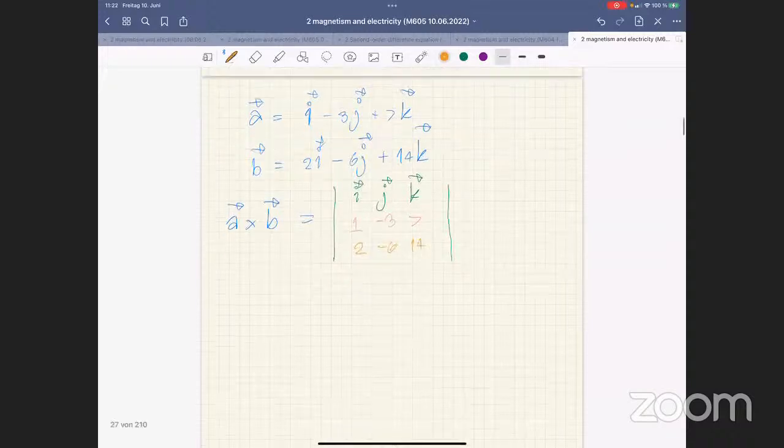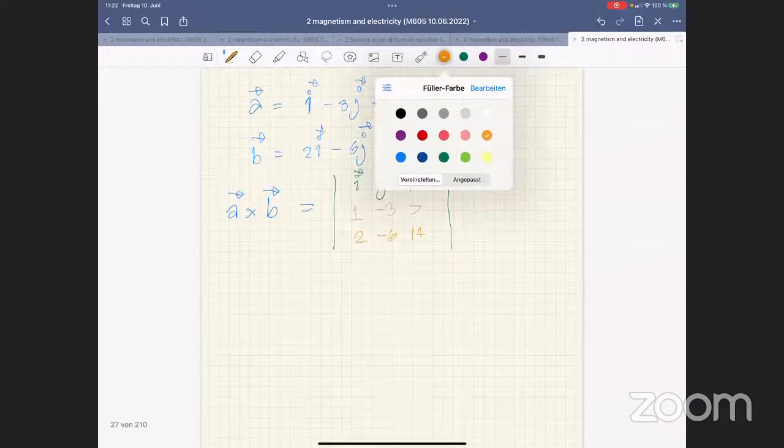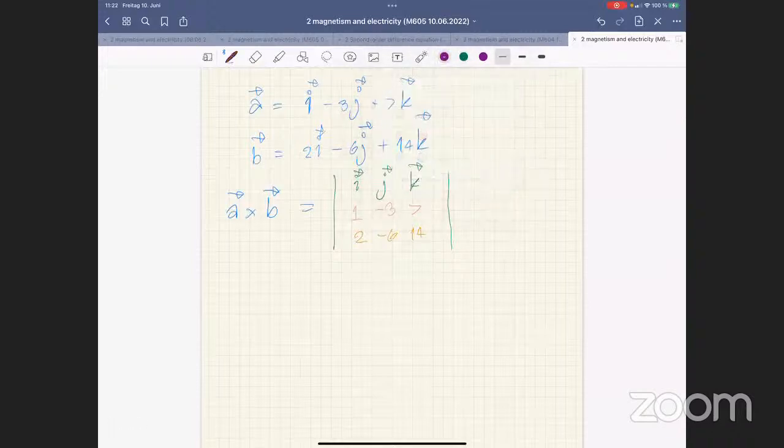And after that, let's compute the result from this determinant. You can see you get unit vector i times minus 3 times 14, and then plus unit vector j times 7 times 2, and plus unit vector k times 1 times minus 6.